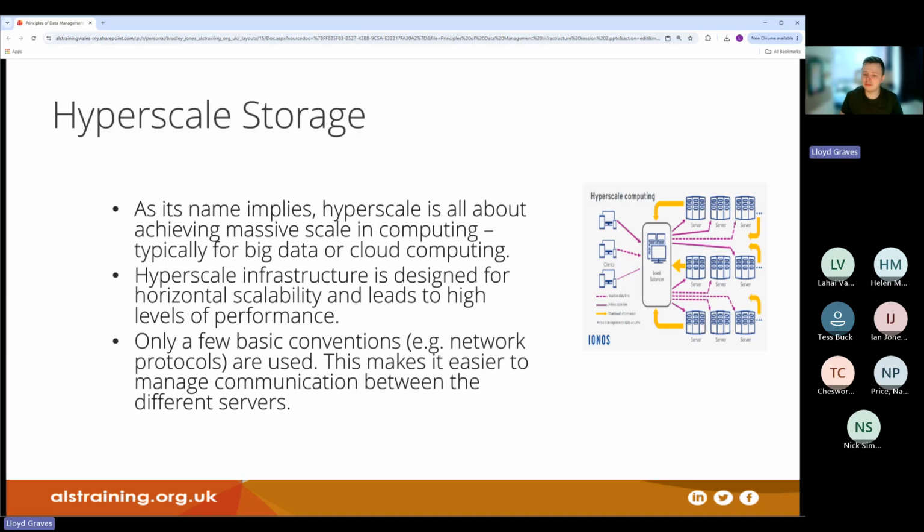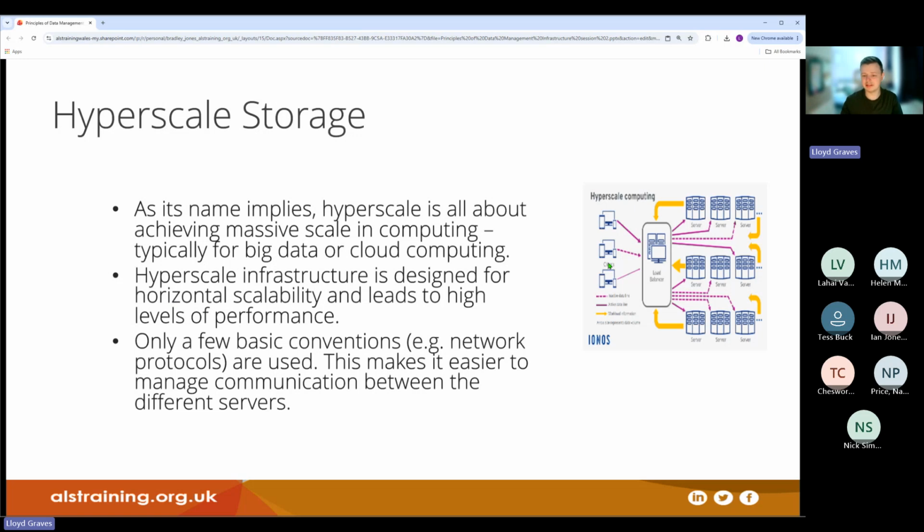So the next topic to talk about is the idea of something called hyperscale storage. As the name implies, it's all about achieving massive scale in computing, typically for big data or cloud computing. So it's an infrastructure that is designed with the sole purpose of horizontal scalability as quickly as possible.